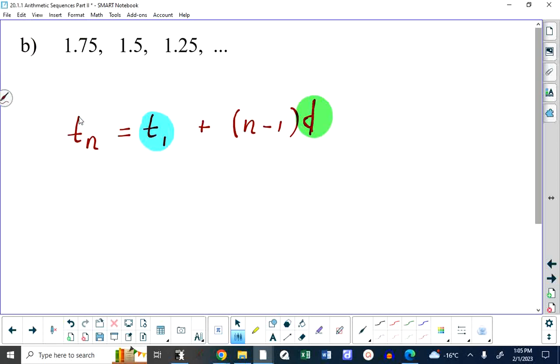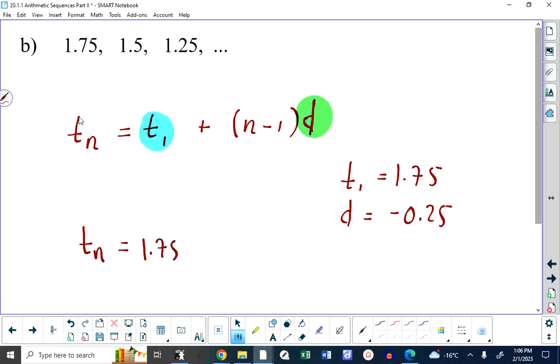The first term is 1.75. The common difference is negative 0.25. Can everybody confirm that the common difference is negative 0.25? Okay, so we load those in. I get the general term Tn is 1.75 plus n minus 1.